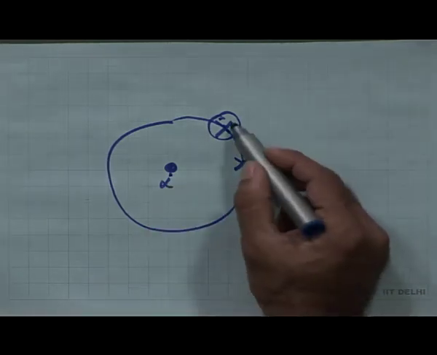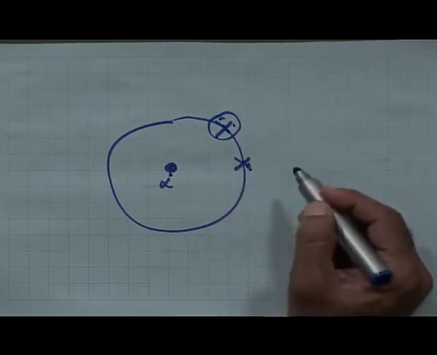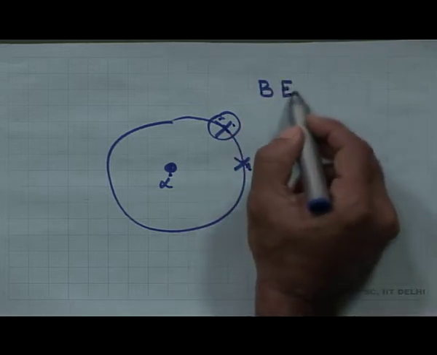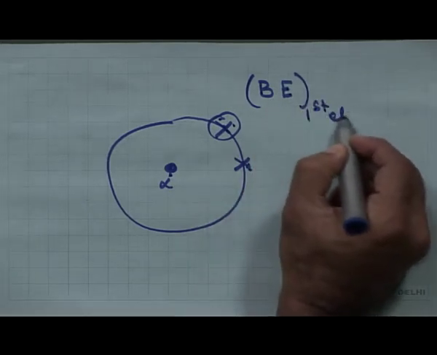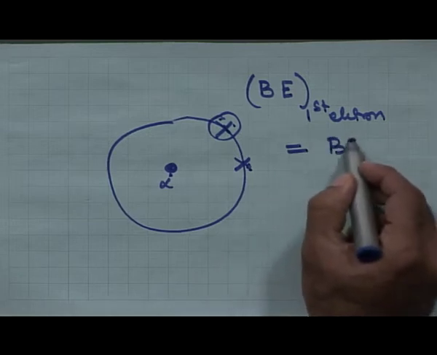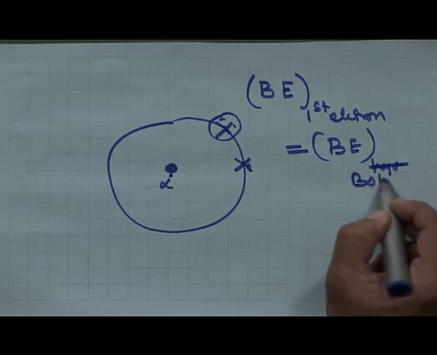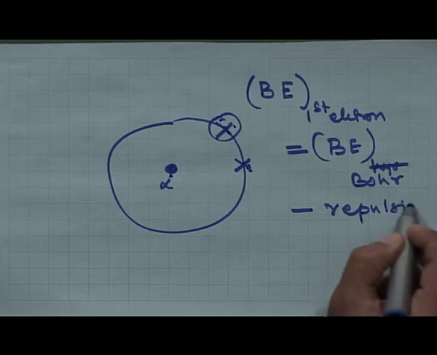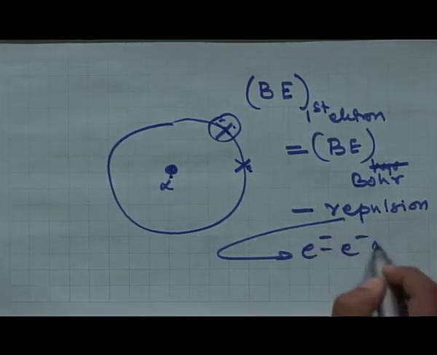But then this electron is also going to interact with the other electron, and therefore there is a repulsive energy. Therefore, my binding energy for the first electron will be whatever the binding energy coming from the Bohr model minus repulsion. And where is this repulsion coming from? Electron repulsion.